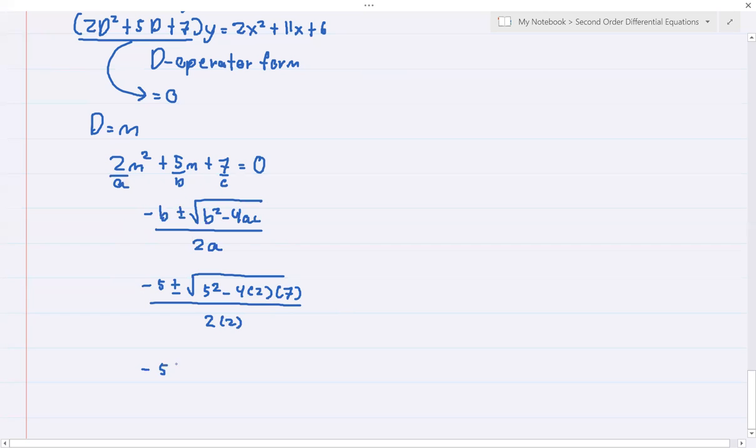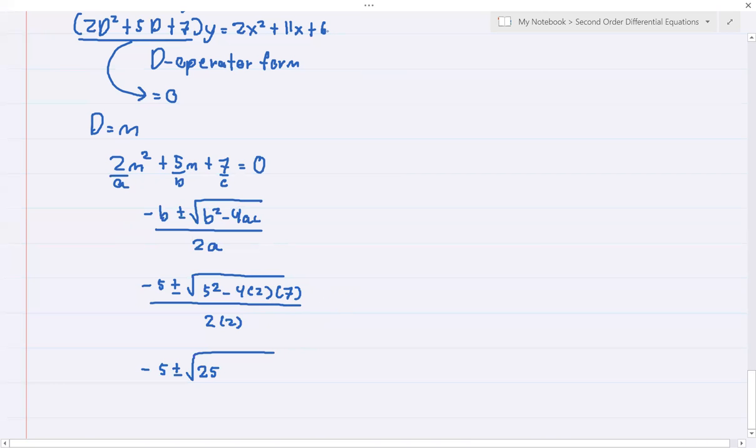Now, I have negative 5 plus or minus the square root of 5 squared, which is 25. Wait, there you go. So, negative 4 times 2 is 8. So, 8 times 7, that would be like 56.